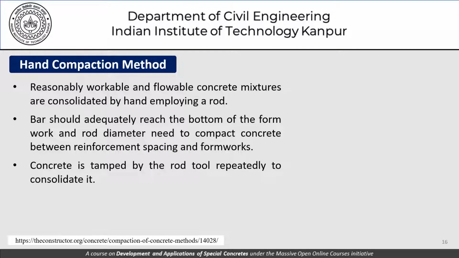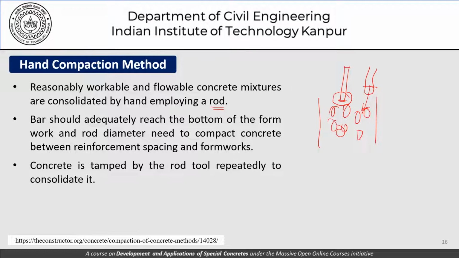So what's being said here is that we put the concrete in the formwork, and then we have a certain tamping rod, and what should be the shape of this at the end, whether it should be a flat surface or a semisphere, or what can be the most effective way of compacting this concrete, is something which is given in the literature, the codes, which tell you what kind of rods should be used, what should be the diameter, what should be the end shape, and what should be the length.